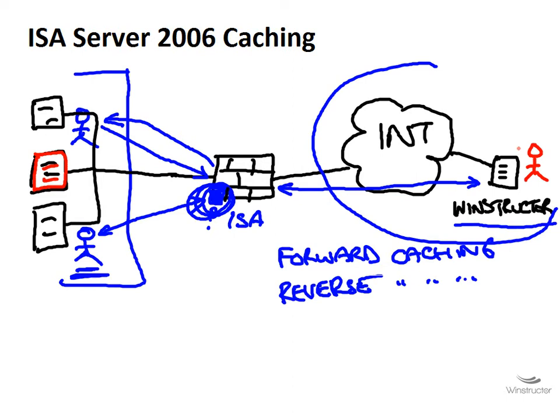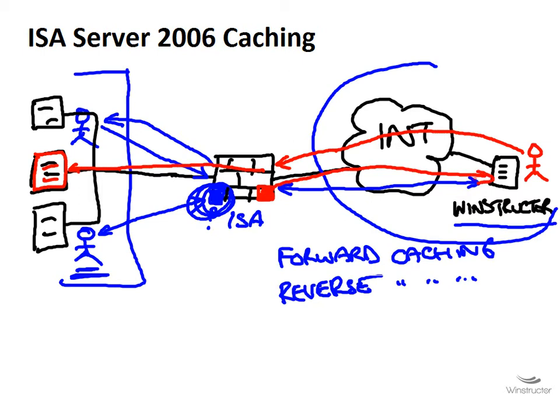So their request is first going to hit our ISA server, and it's the ISA server's job to go and fetch the content from our web server that obviously exists somewhere inside our network. Now, it's going to grab a copy of that page, it's going to save it locally here in its own internal cache before handing that page over to the user that requested it.